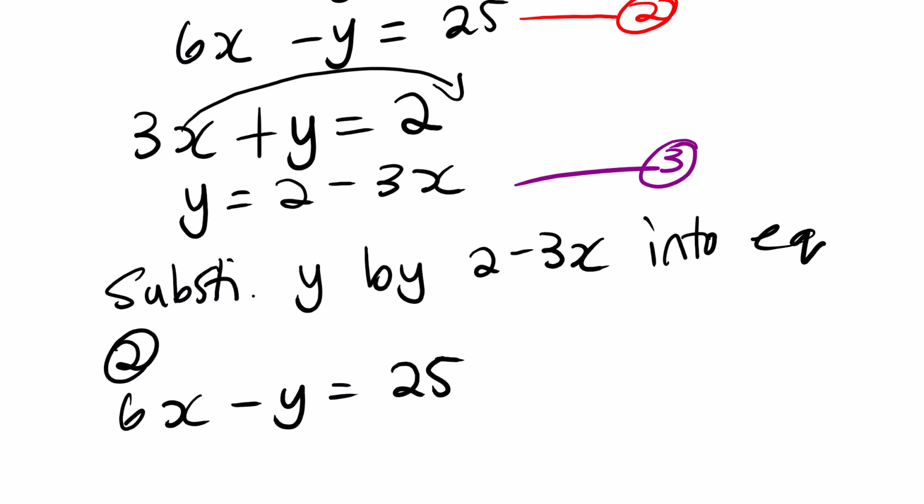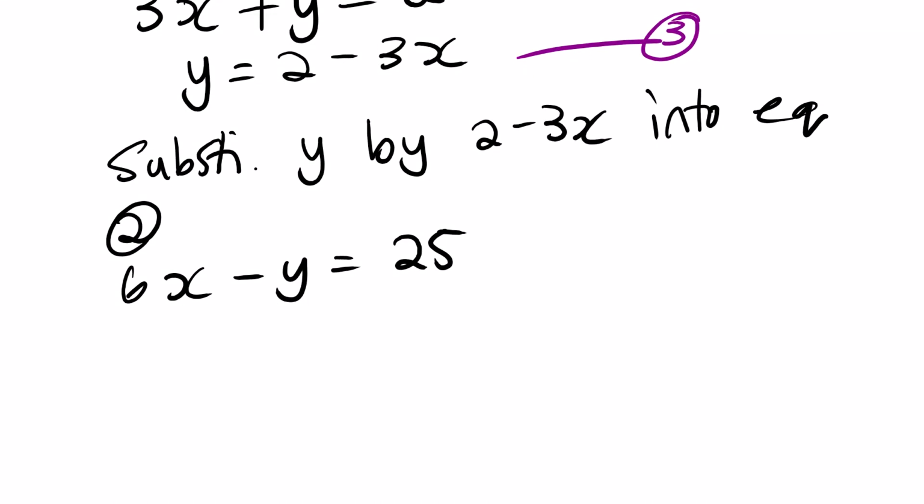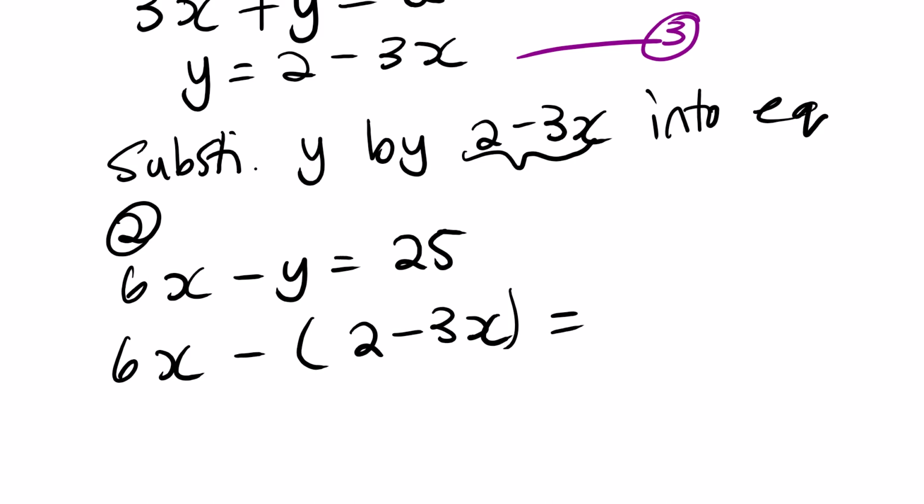It's 25. Then from here, where we see y, we substitute by this. 6x minus 2 minus 3x equals 25.